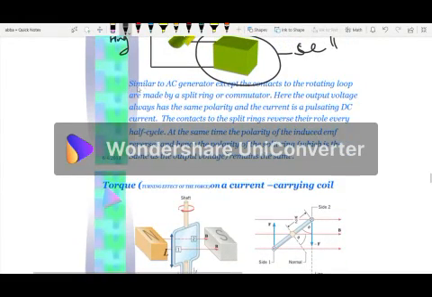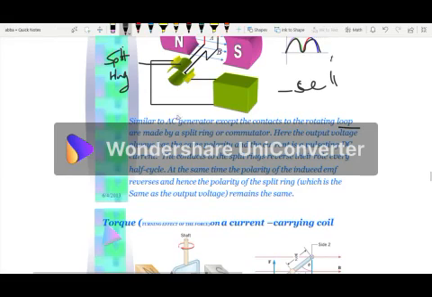Now, similar to AC, except the contacts to the rotating loop are made by the split ring or commutator. Here the output voltage always has the same polarity, and the current is pulsating.